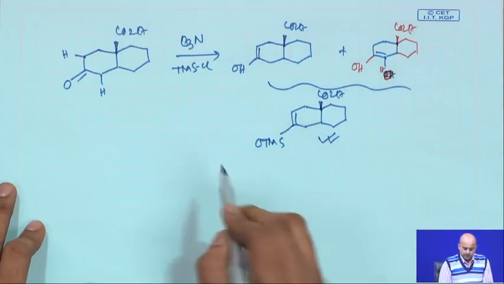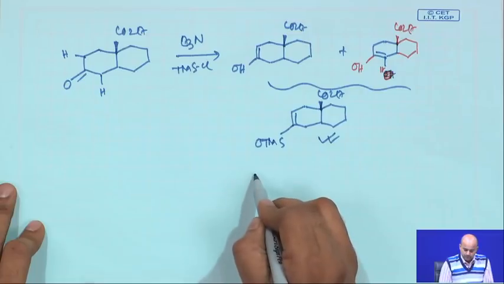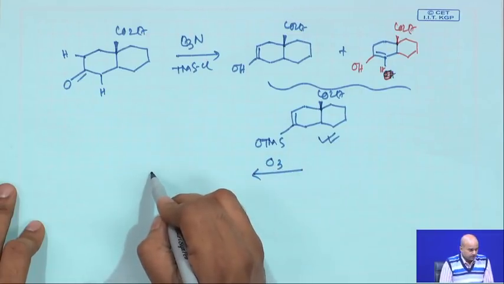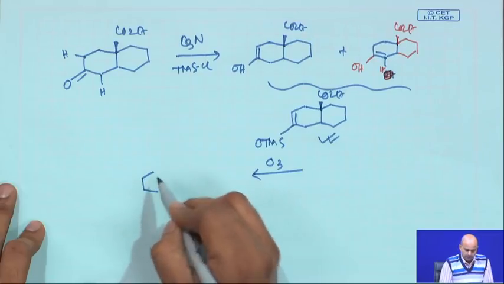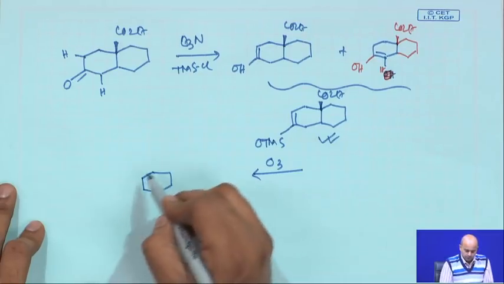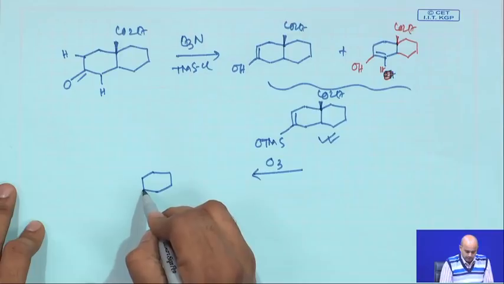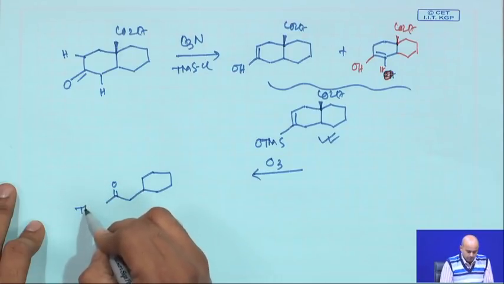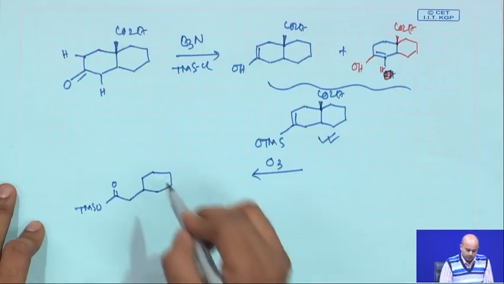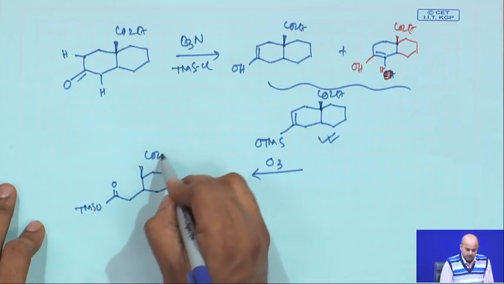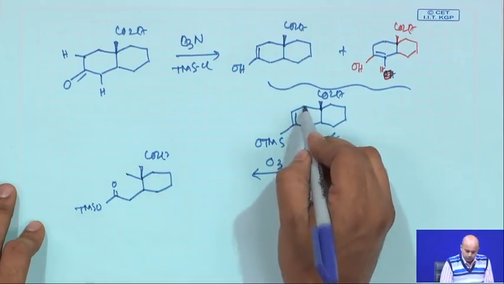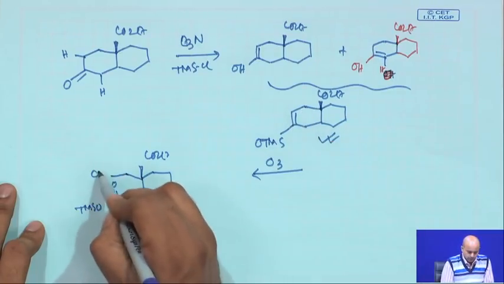Now, if you do the ozonolysis on this enol, what you will get? You get a C double bond to TMSO, and you have this CO2 here, and then this CH2 CHO.